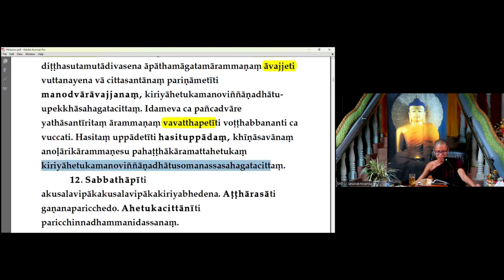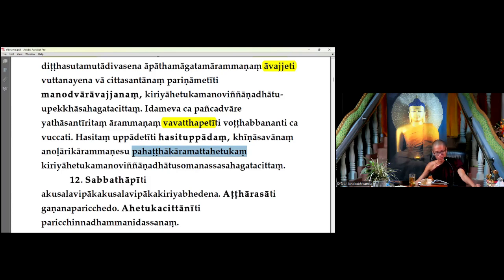Bahata Kara Madda Heduka, which is causing just a way of smiling, or just a way of amusing.